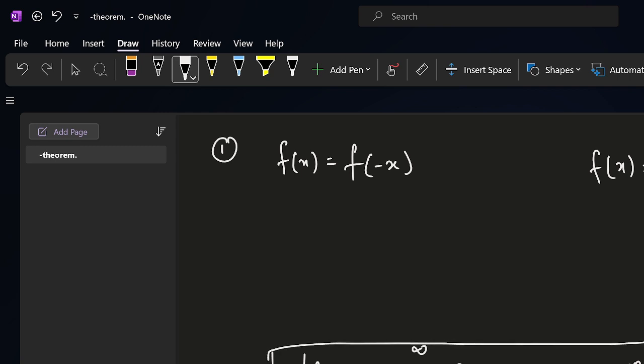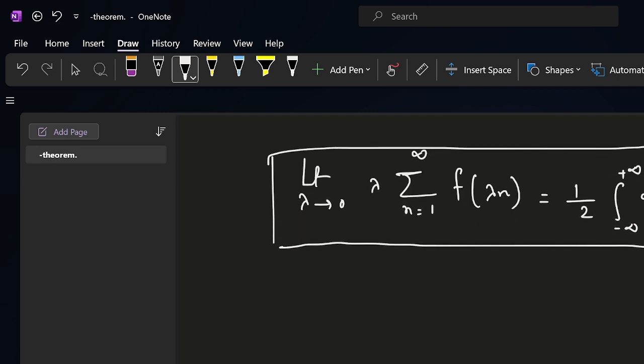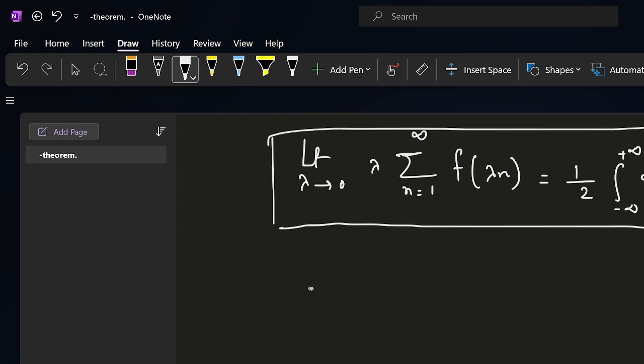This is our theorem that will be valid for this function, and we have to show that it is valid as well as get the values on both sides. So first let me start with the summation part, because that is a bit non-trivial compared to the RHS part. That is a simple integration, you all can do that.